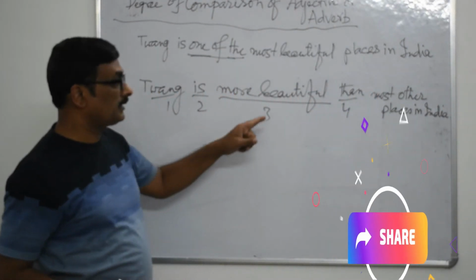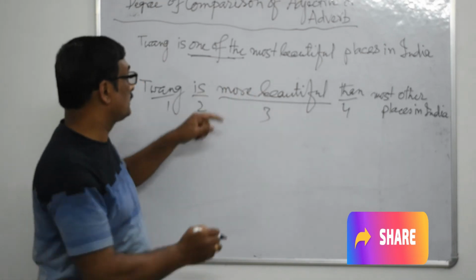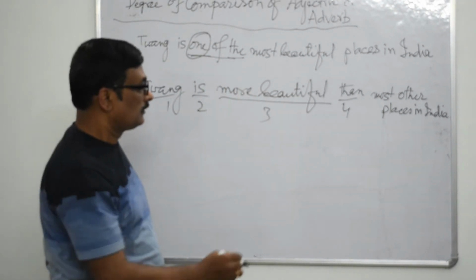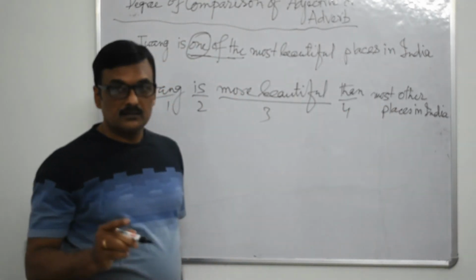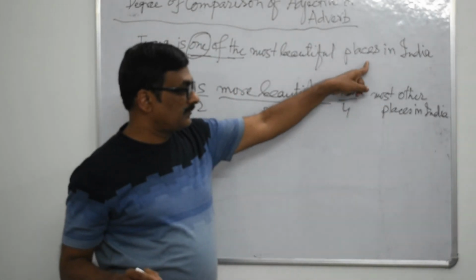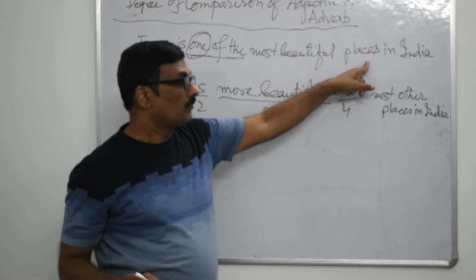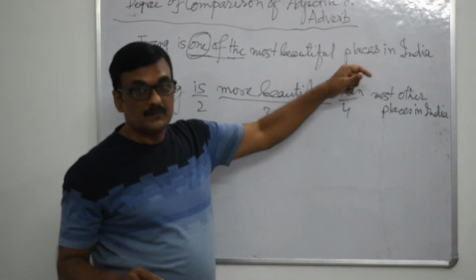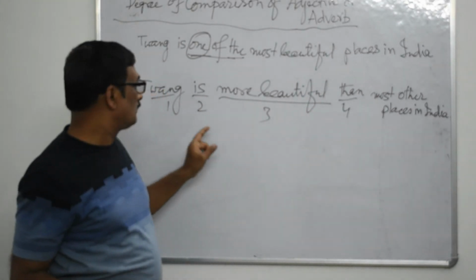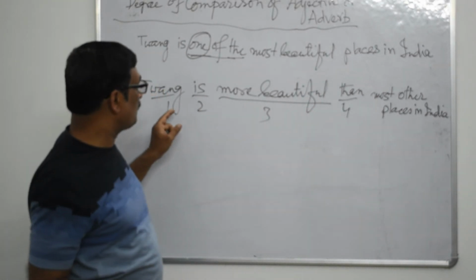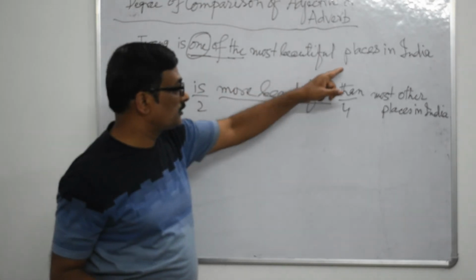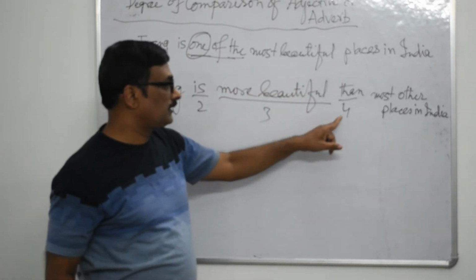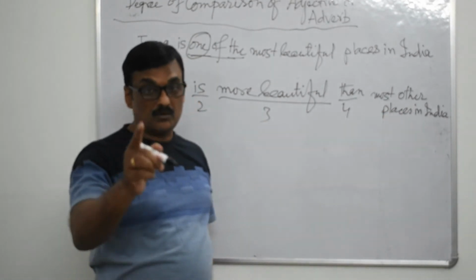So if there is one of the in superlative degree, then most other is generally used with the object given there. Most other is added before the object used in superlative degree. Tawang is one of the most beautiful places in India is the superlative degree. Tawang is more beautiful than most other places in India, it is comparative degree.